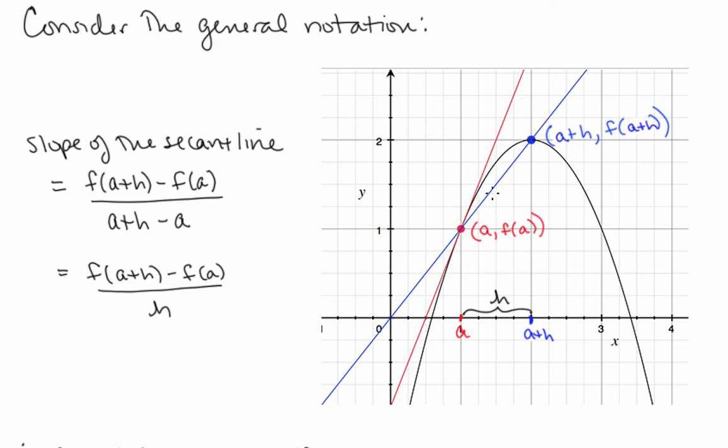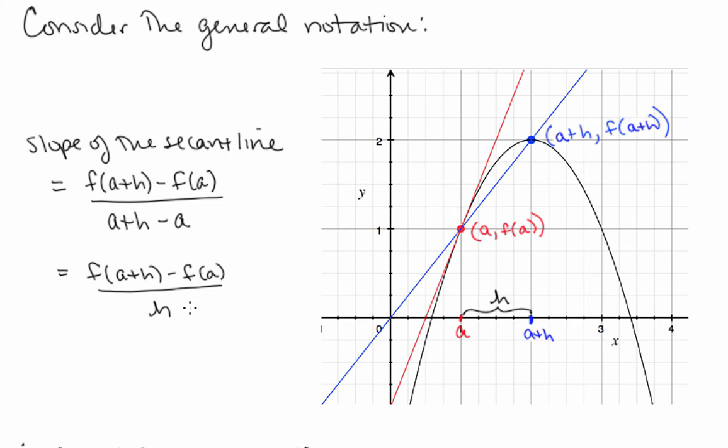And so these are the 2 points that we're going to use for our secant slope. So the slope of the secant line here is f of A plus h minus f of A. It's y2 minus y1 over A plus h minus A. And so that simplifies to f of A plus h minus f of A over h.